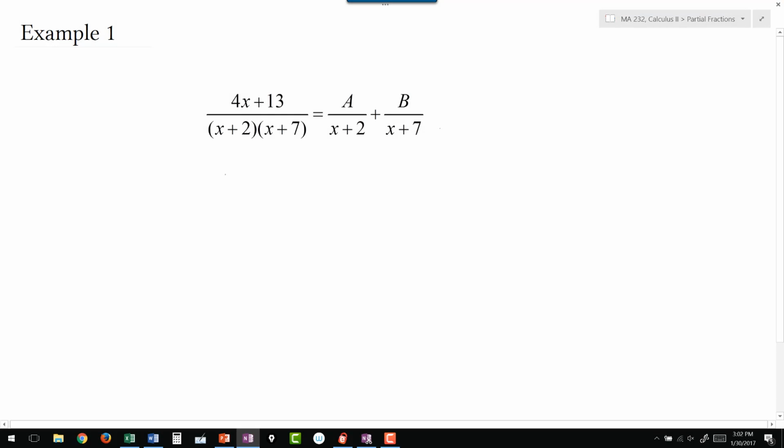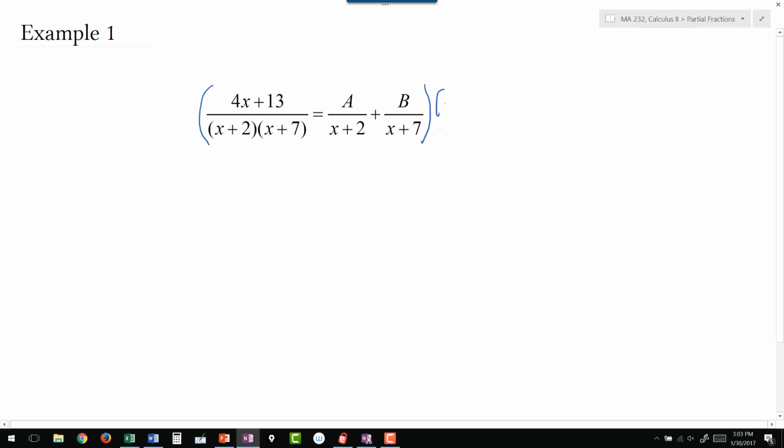Our task here is to find the A and the B that allow us to rewrite our rational function as the sum of two simpler functions. We begin, as we will in all partial fractions decompositions, by clearing the denominators.